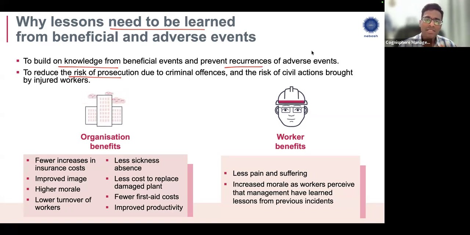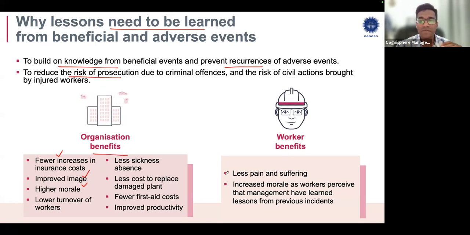So for an organization, the benefits are smaller increases in insurance cost, improved image, and higher morale. Very similar to what we discussed in learning outcome 1.1, the direct cost and the indirect cost, these are the benefits. For workers, they will not undergo any incident or any pain or suffering, and it will increase their morale.